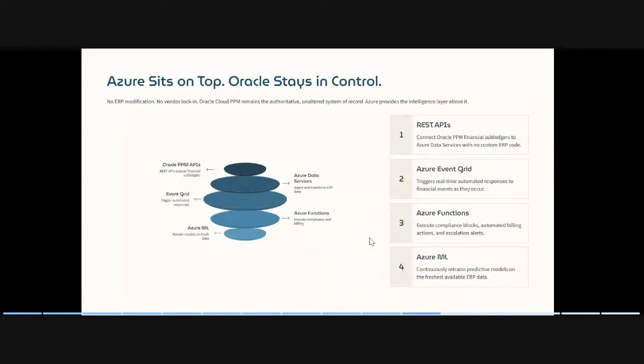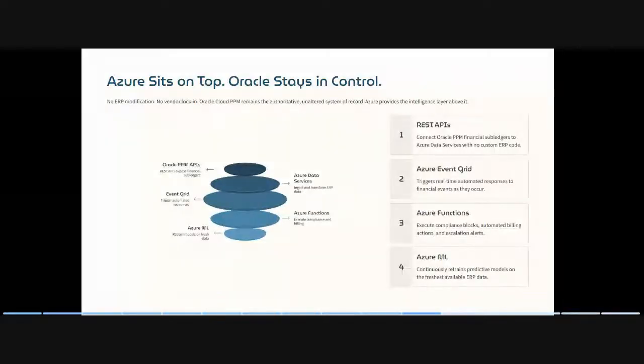So as I mentioned before, Azure sits on top. Oracle still stays in control. One of the biggest benefits is that they have done this using configuration. There's no ERP level customization, no invasive modifications, no disruption to any of the core ERP platforms that they already have.